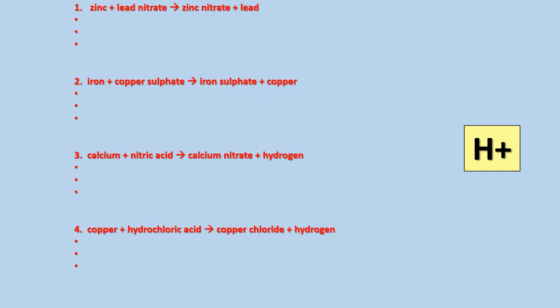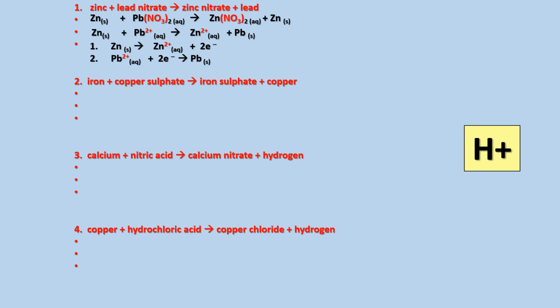Okay, hopefully you've paused and had a go if you're going for grades above 6. There is your symbol equation, and you can see that I've done the spectator ions in red. They are part of compounds on both sides of the equation, so they can be removed to show zinc atoms becoming ions and lead ions becoming atoms.